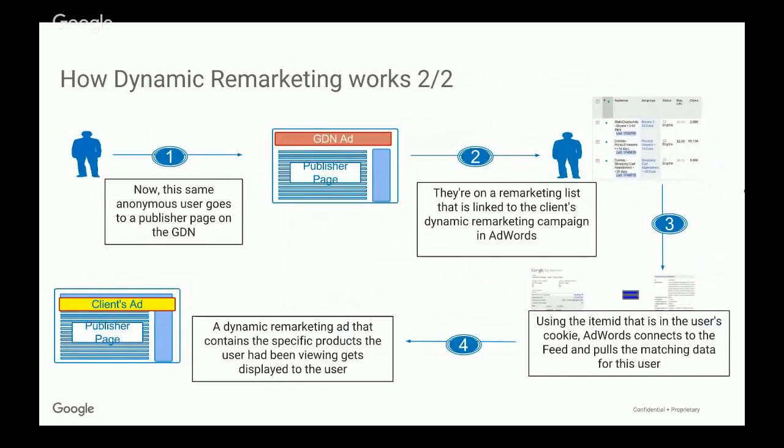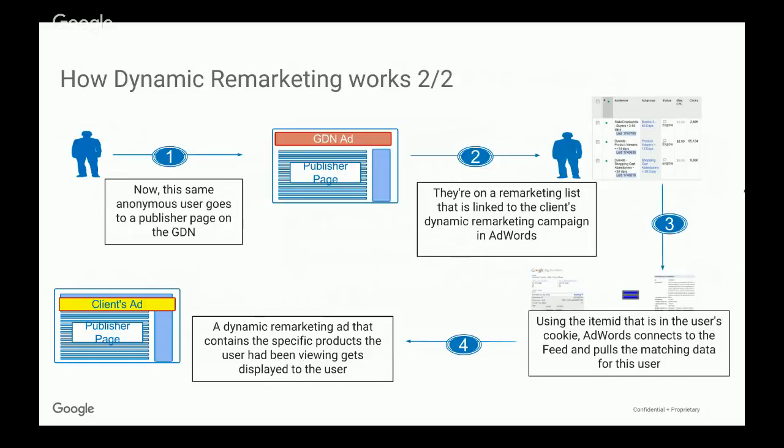Furthermore, the visitor who already visited your web page, where the cookie has been placed, now goes to a different publisher page on the so-called Google Display Network, or GDN. They are then on the remarketing list that is linked to the client's, or yours in this case, dynamic remarketing campaign in AdWords.